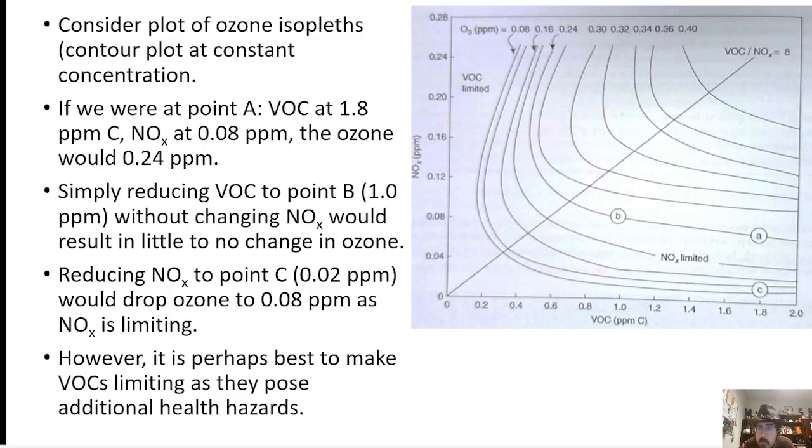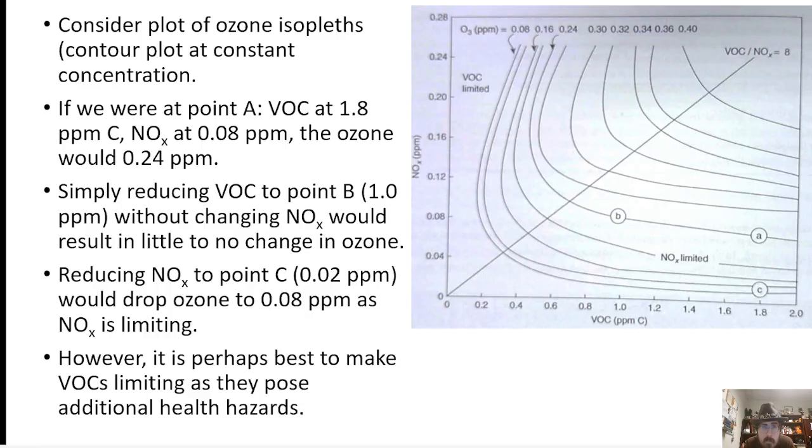We look at these three points, A, B, and C. So different ratios of VOCs to NOx. NOx is on the y-axis, VOC is on the x-axis, and these lines are the amount of ozone that would be formed.